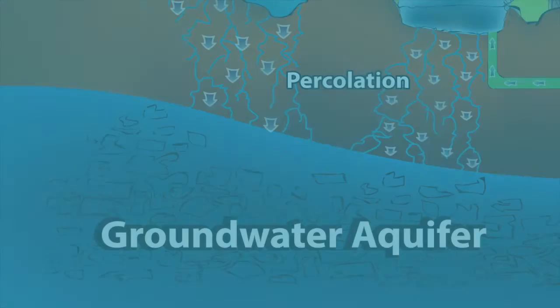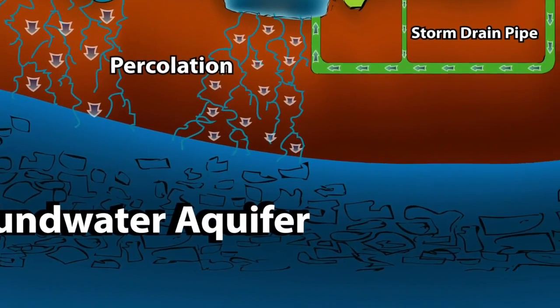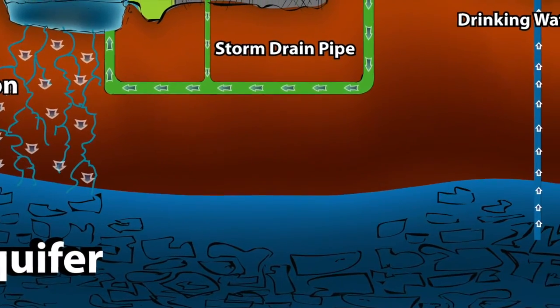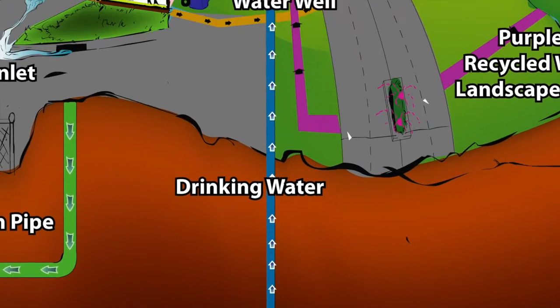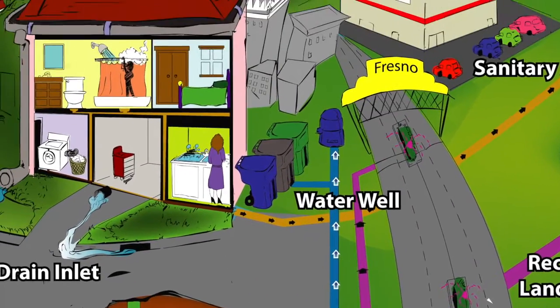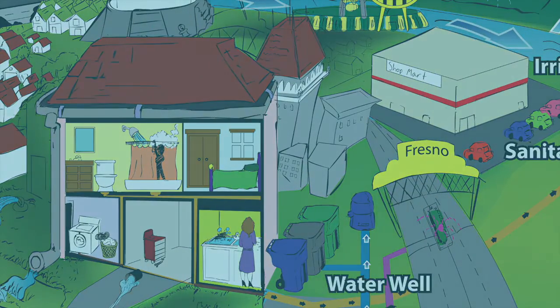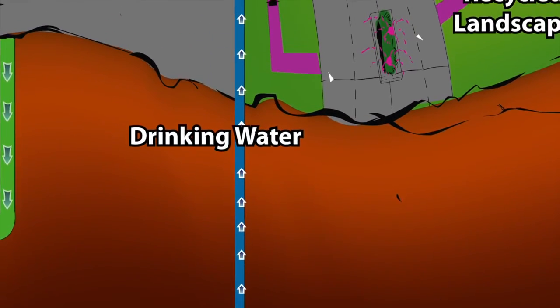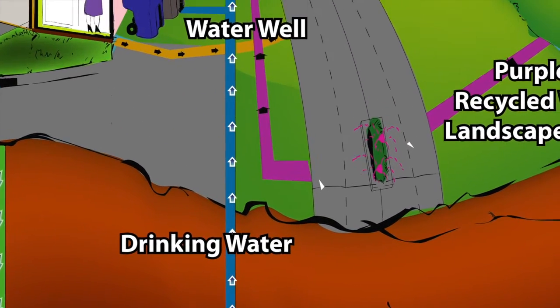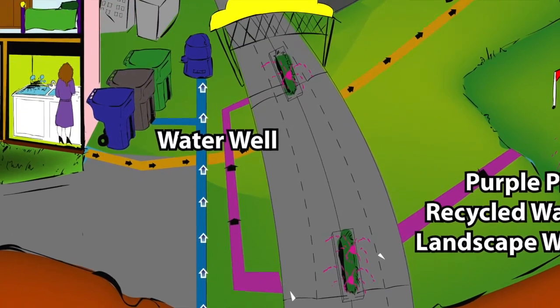Our drinking water is stored below ground in a natural basin called a groundwater aquifer. 90% of all the water we use is pumped up from the groundwater aquifer and delivered to our homes, schools, and businesses. Using hundreds of wells, about 146 million gallons of water per day is pumped out of the aquifer. In addition, 10% of our water comes from the Sierra Snowpack.